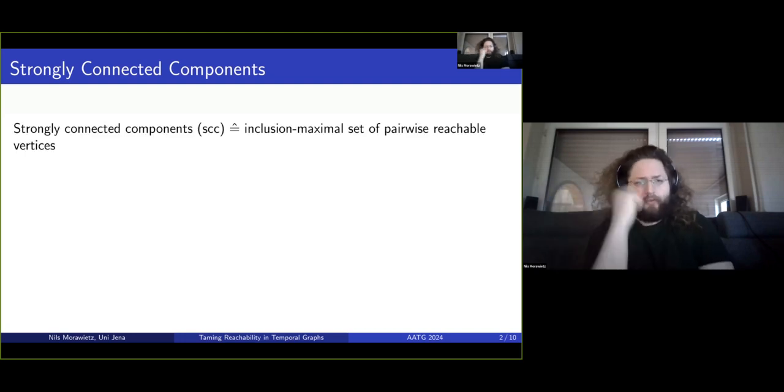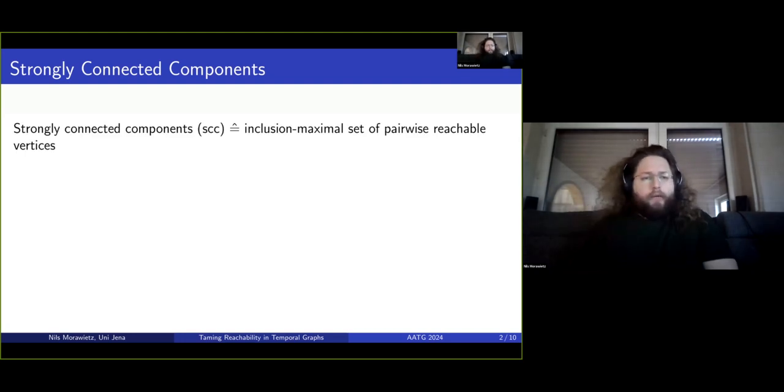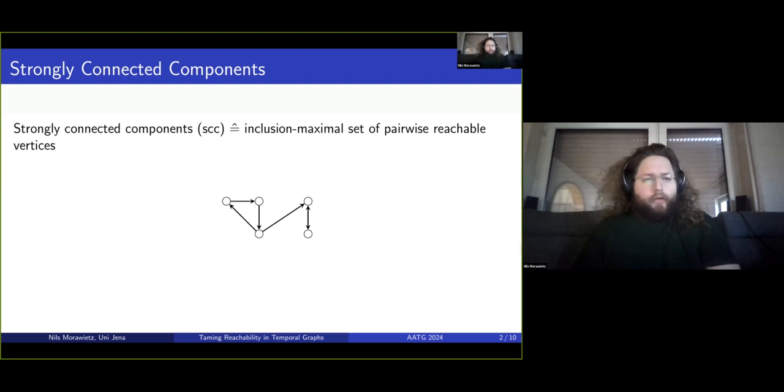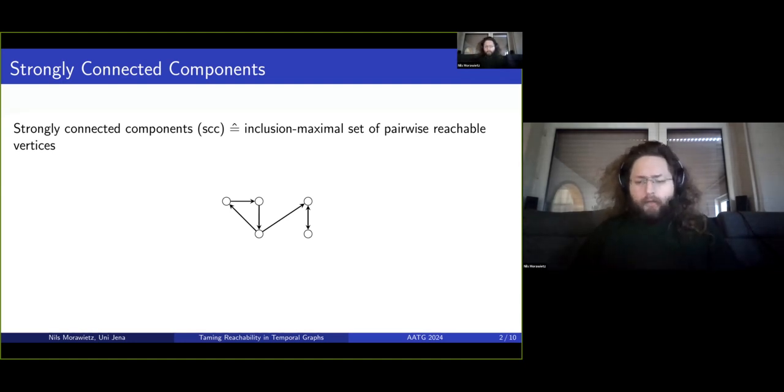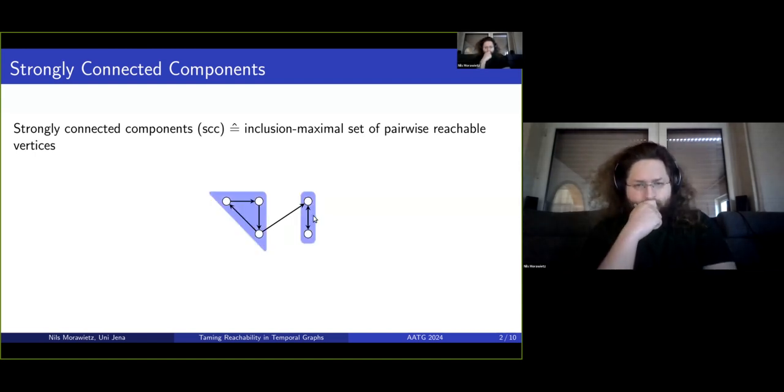First of all, the static case. In a directed graph, a strongly connected component is an inclusion maximal set of vertices that can pairwise reach each other. For example, in this static directed graph, these are the two strongly connected components.